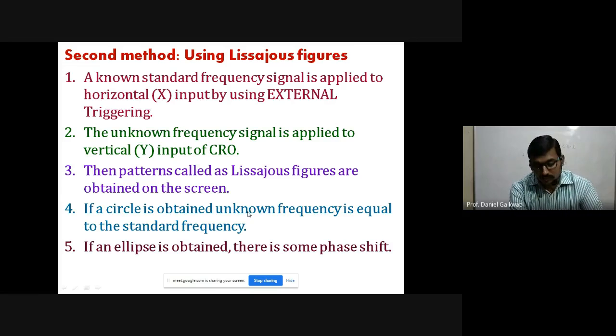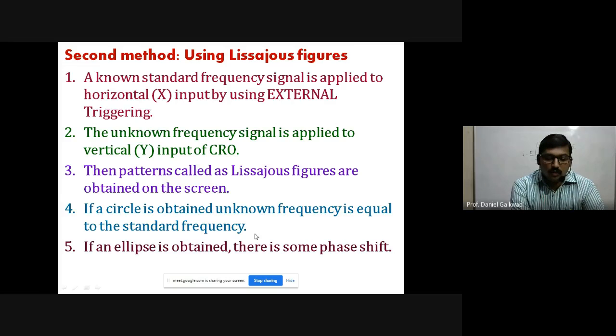Now check carefully, the next part is important, the fourth point. If a circle is obtained on the screen of the CRO, the unknown frequency is equal to the standard frequency. So the unknown frequency and the known frequency become equal if a circle is obtained.